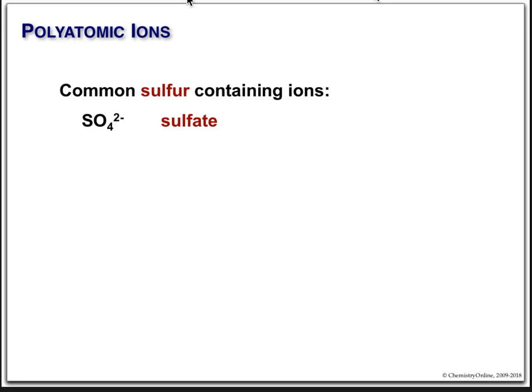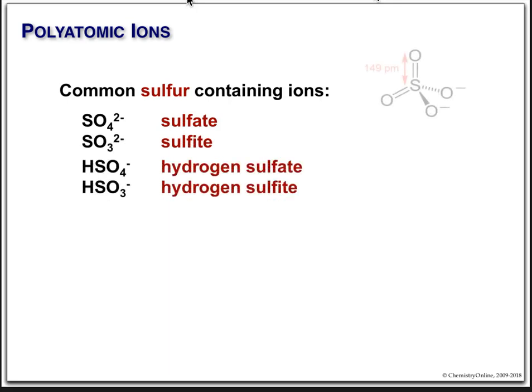For sulfur, our parent, like we said, was sulfate. We take oxygen away and we have sulfite. Turns out that in many polyatomics, see these oxygens have charges, don't they? We can actually neutralize one or both of those charges by sticking a hydrogen on.